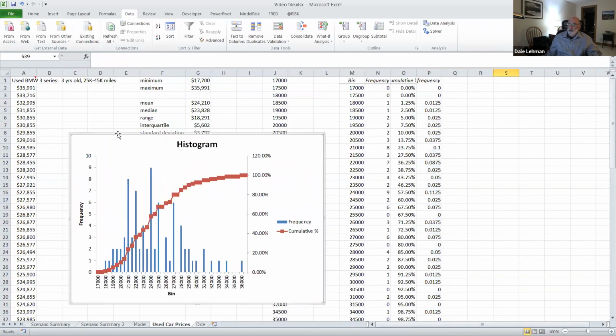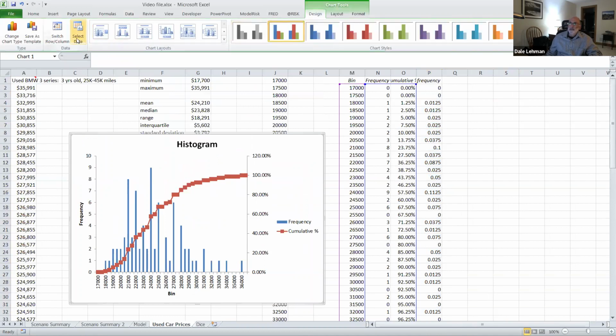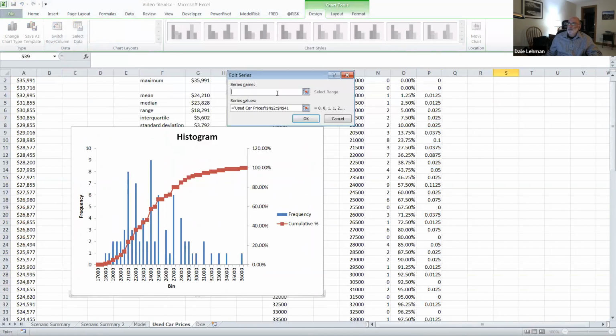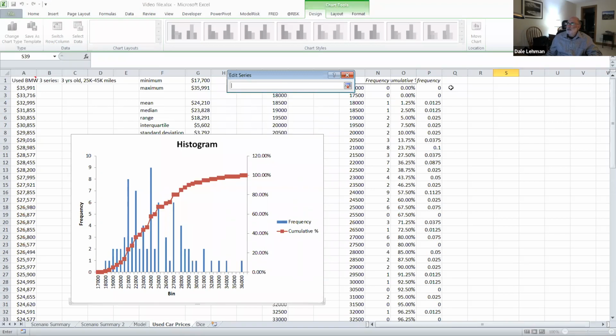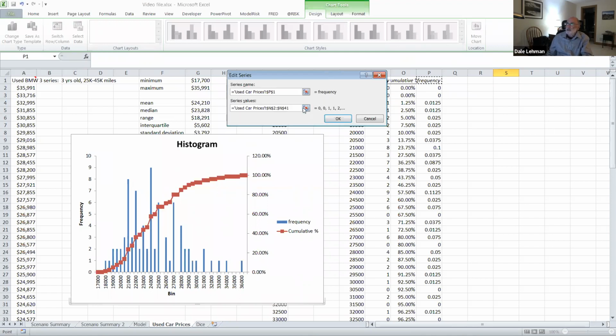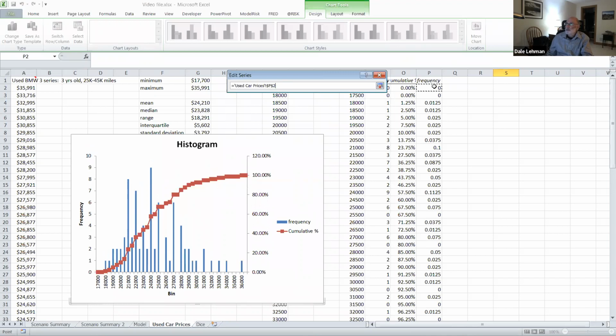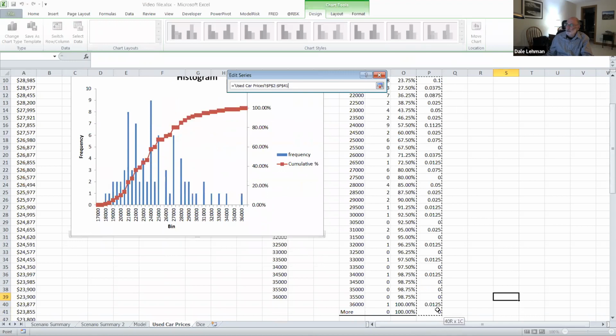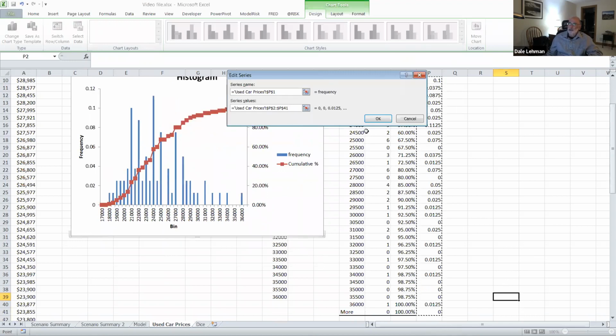And for my graph, let me edit the frequency, name that, values, replace the actual number of times it happened with what fraction of the time each of these values or ranges occurred.